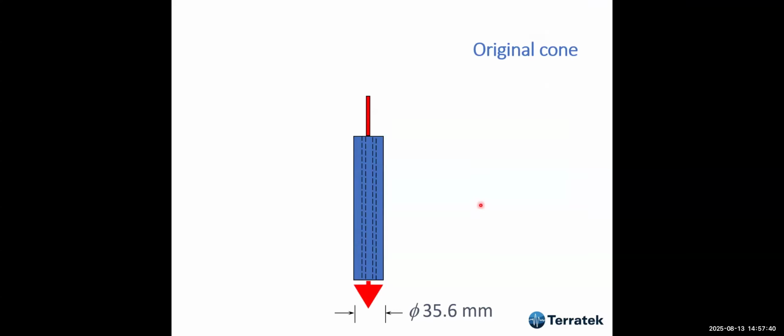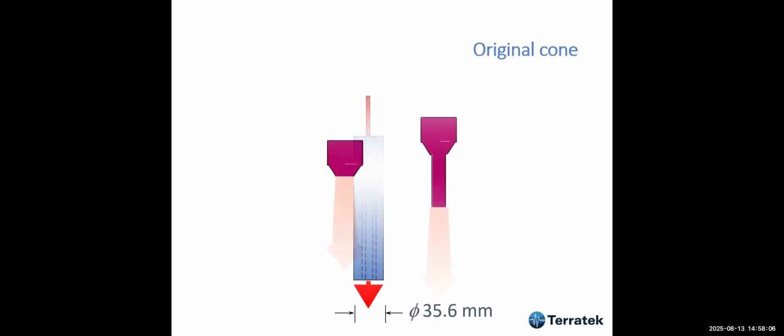So the original cone was trying to simulate a pile installation. They wanted to separate the tip resistance from the friction, and that's what the Dutch started. They used a rod which is 35.6 millimeters, standardized everywhere.